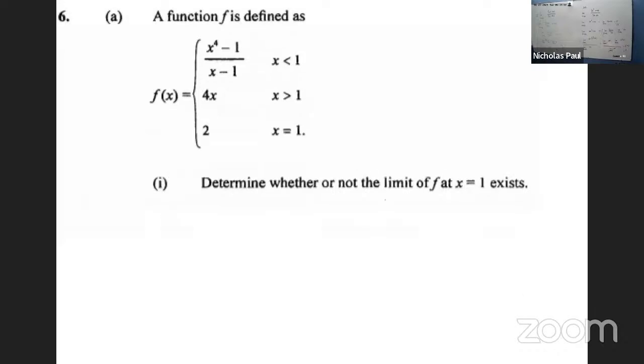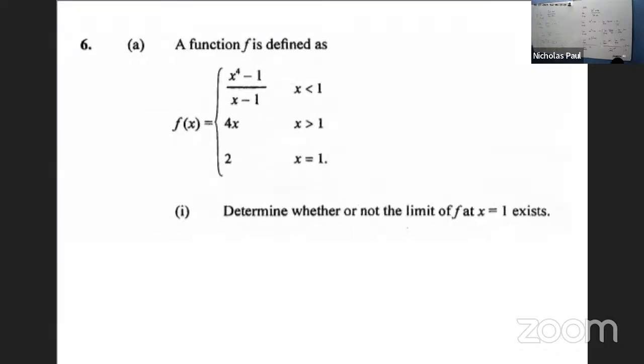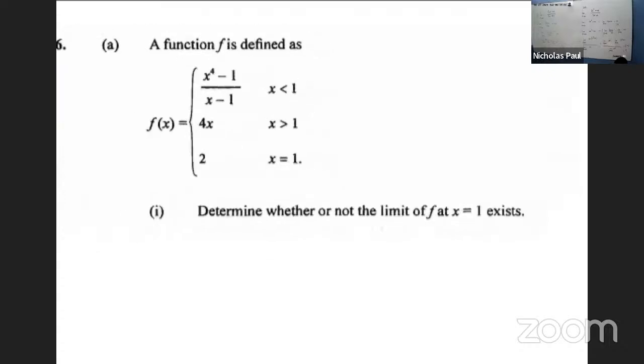I know it didn't ask, but do you all think it is continuous? No, f of 1 is 2. As we approach from the right, it is how much?